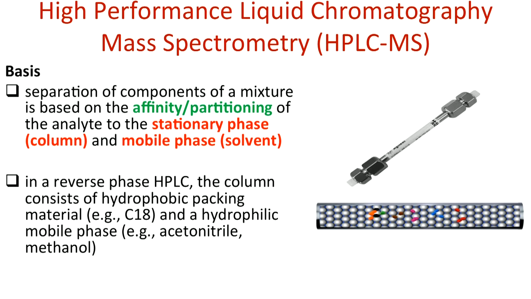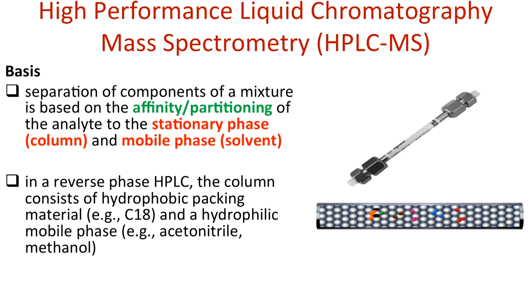So the basis of separation is you have a column and a solvent. The column consists of your stationary phase, whereas your solvent is called the mobile phase. So when your sample travels to the column with the solvent, your sample analytes will interact with this stationary phase.